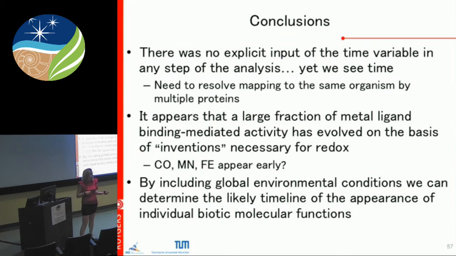So the fact that they all fall into the same group suggests that they may have stolen this active center from oxidoreductase proteins. And I see that cobalt, manganese and iron appear early, which is in line with what I would expect from the geological conditions. And then we think that by including the global environmental conditions, we can determine the likely timeline. We can actually put time on there rather than saying this is close to this or closer to this, and so on and so forth.